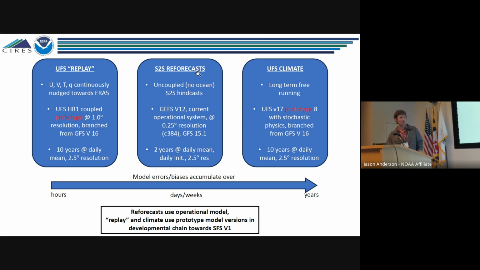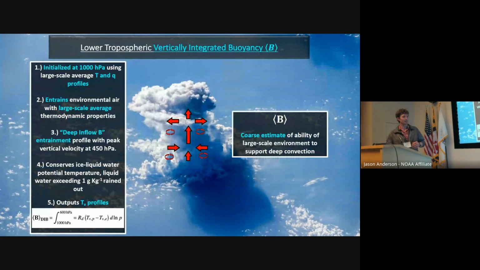And between these two, we've got our uncoupled S2S reforecasts, and that's using the GEFS version 12, which is the current operational system. So just to highlight, reforecasts are using GEFS version 12 versus the replay and the climate simulations are using different prototype model versions that are at different stages along this developmental chain towards SFS version 1.